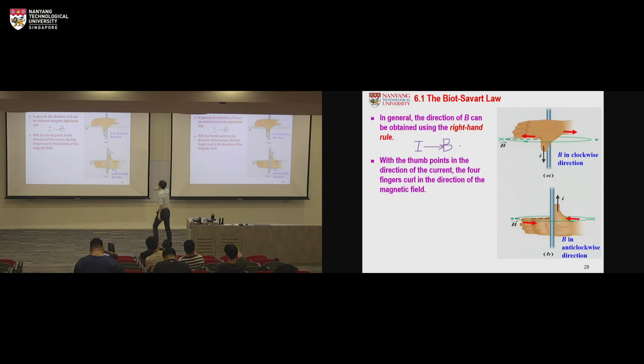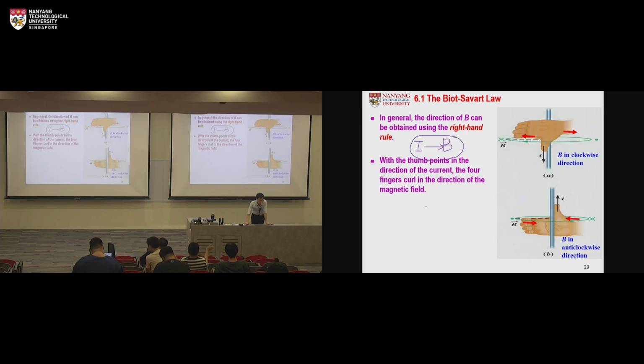That is why if you look at this case, this is I, so you curl your forefinger, meaning on this side it's pointing into the page, and on this side it's pointing out of the page. So this is how you use another kind of right-hand rule.